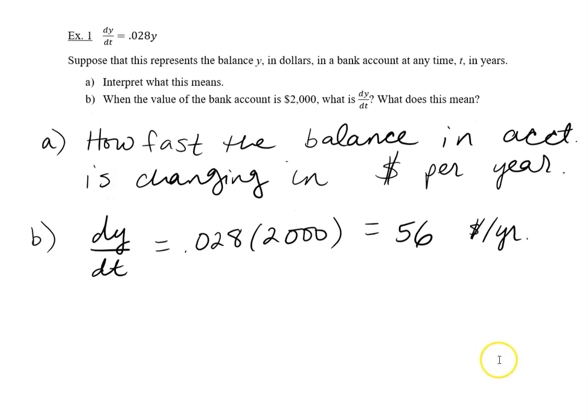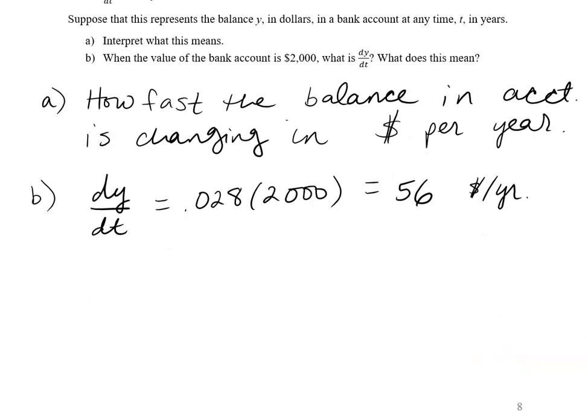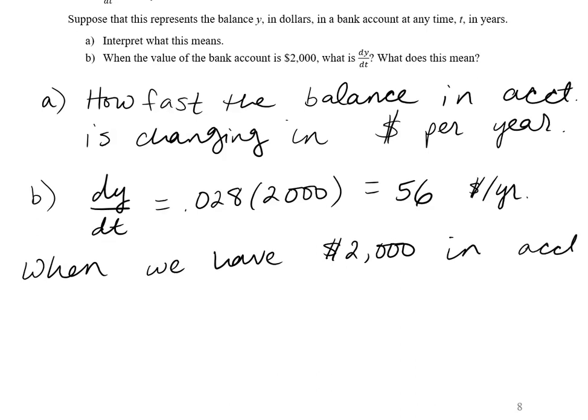So what could we say then? We could say that when we have $2,000 in the account, the balance is, and is it increasing or decreasing? Well, because the derivative is positive, that means it would be increasing, right?